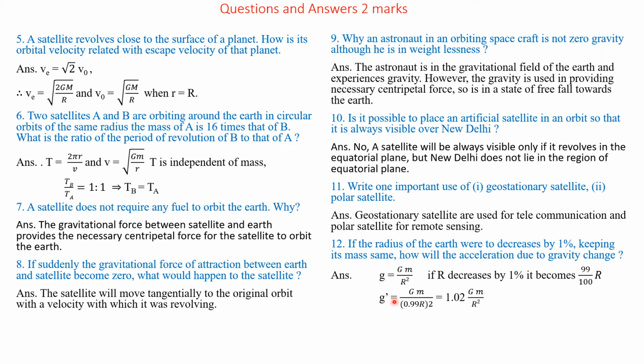Therefore, g dash will be equal to Gm divided by 0.99 R whole square, that is equal to 1.02 into Gm by R square. Therefore, g dash increases by 0.02 Gm over R square, that is, it increases by 2%. So, if the radius decreases by 1%, the acceleration due to gravity increases by 2%.